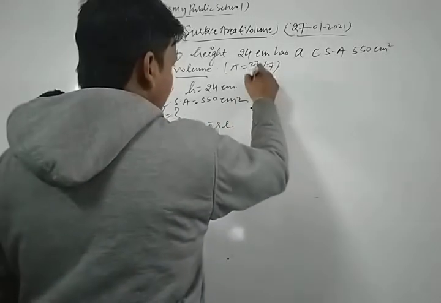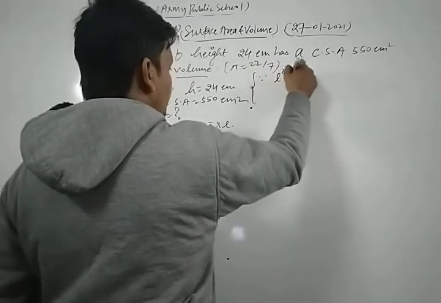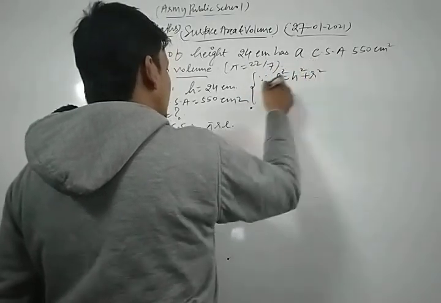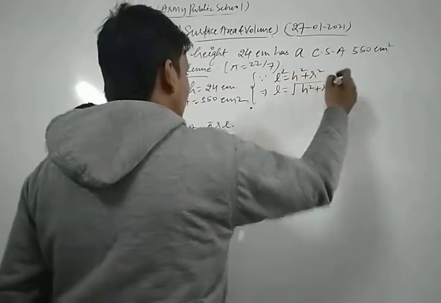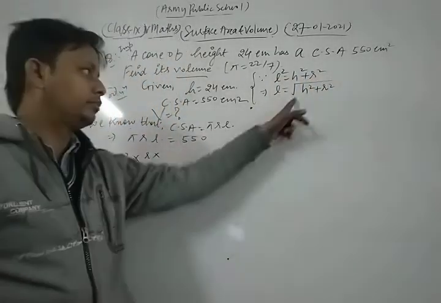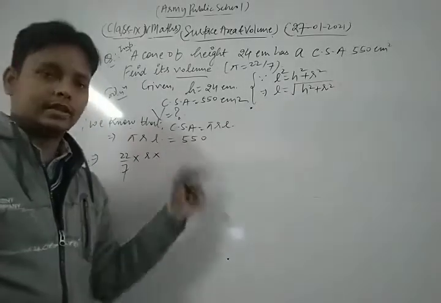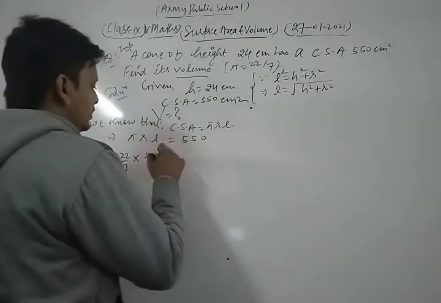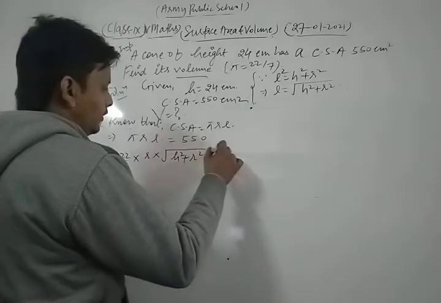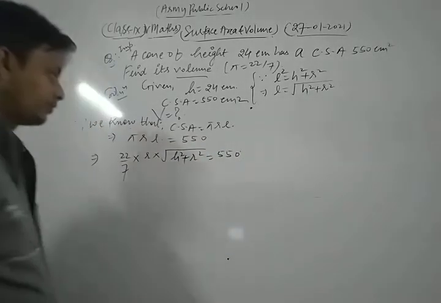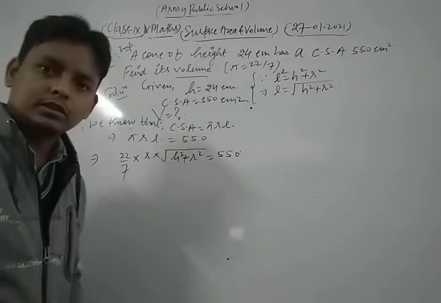Dear students, you know the relation between l, h and r. So the value of l is the square root of h square plus r square. So we put the value of l like this, equal to 550.